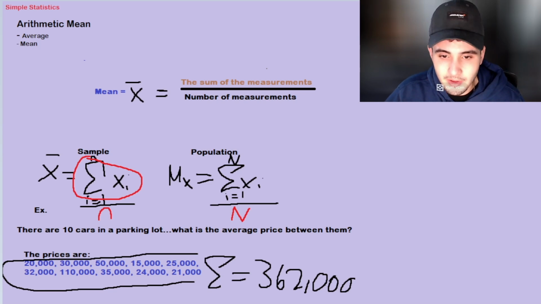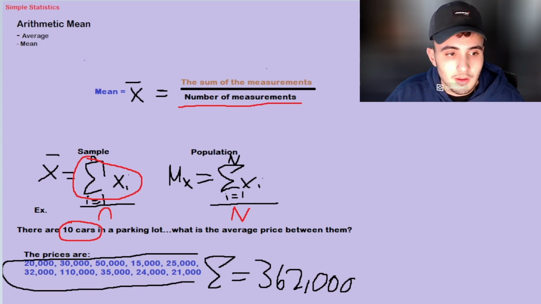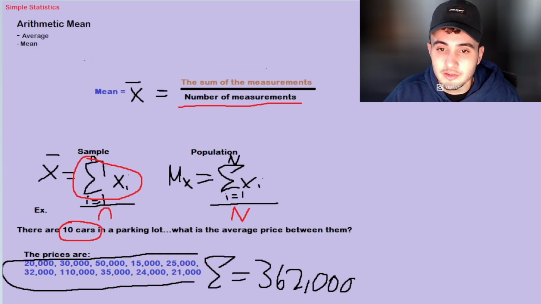And now that we have that, we divide it by n, which is the amount of measurements, and that's 10. So we divide it by 10, and that will give us an average of 36,200 as the average price.